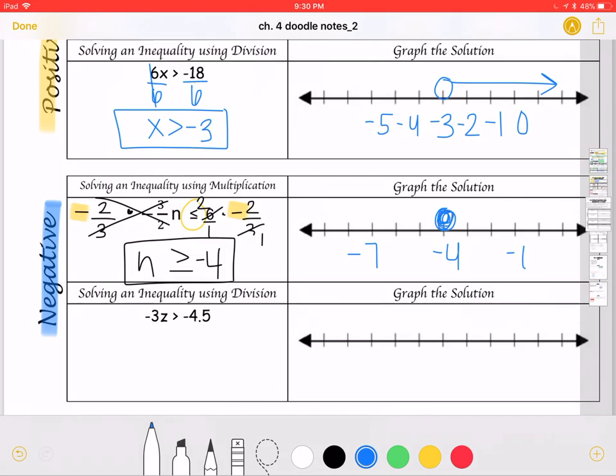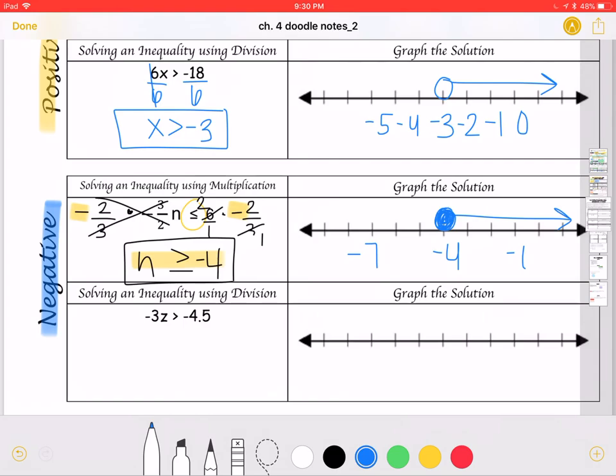Closed, to see if I would trick you. So closed circle because it can equal it. And now read that aloud in your head if you need to, or out loud. n is greater than or equal to negative 4. Greater than or equal to. So greater, where a number is greater than negative 4, to the right. That should be your graph.